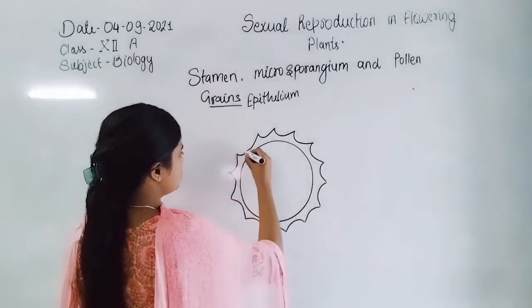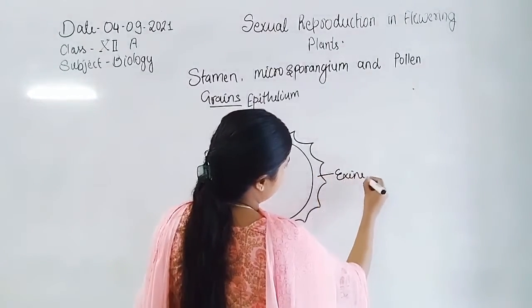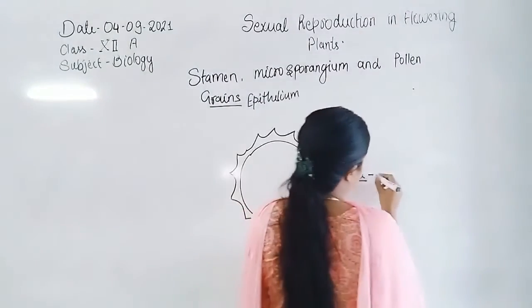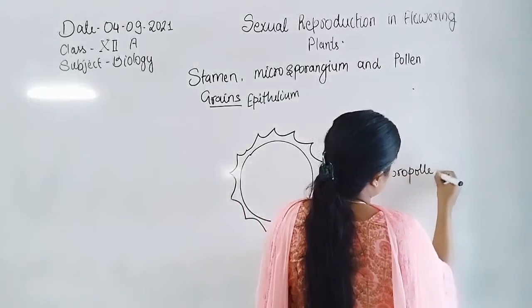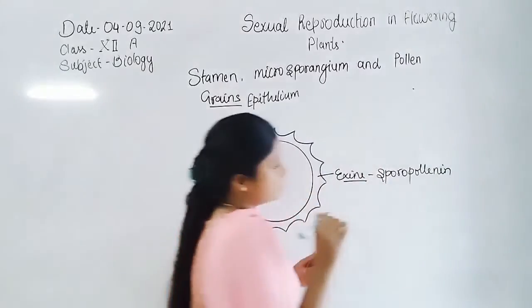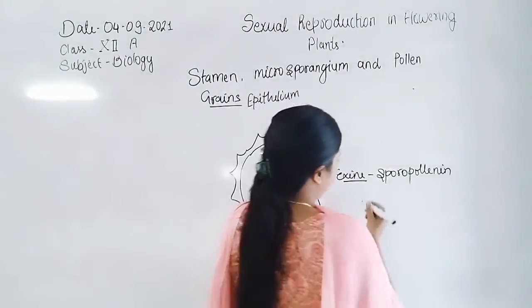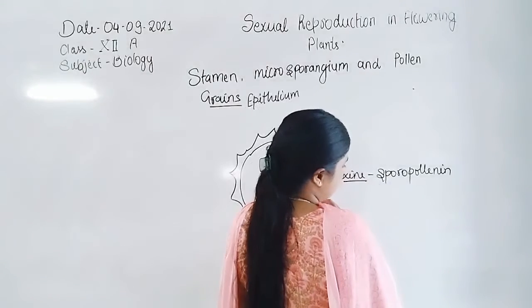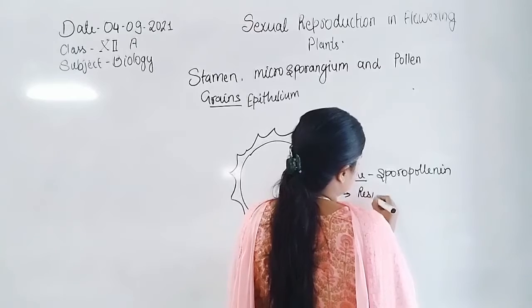The outermost membrane is the exine, which is formed by sporopollenin.